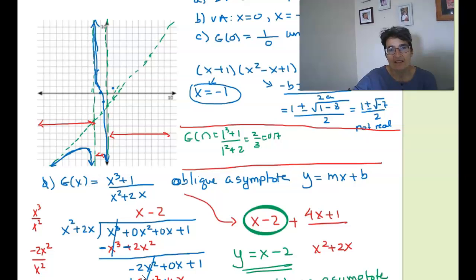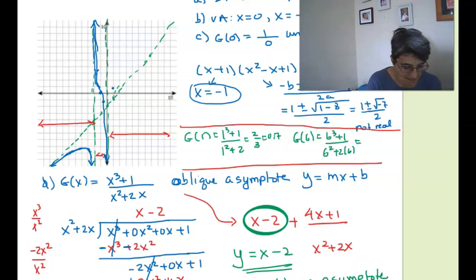And let's look at something bigger. Let's look at x equals 6. So g at 6 is 6 cubed plus 1 over 6 squared plus 2 times 6. It's 217 divided by 36 plus 12, which is 48. This is about 4.5.